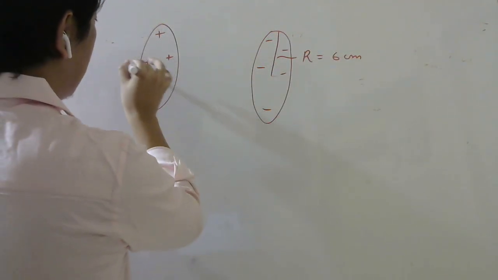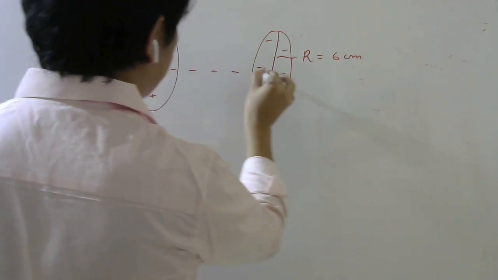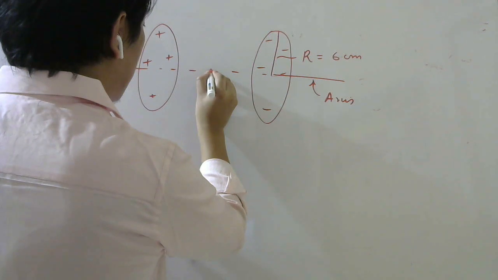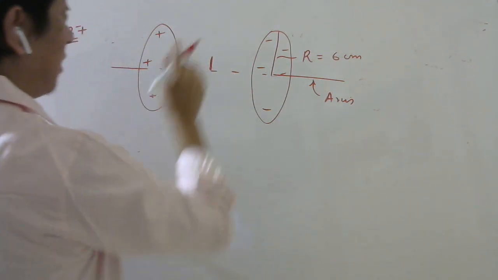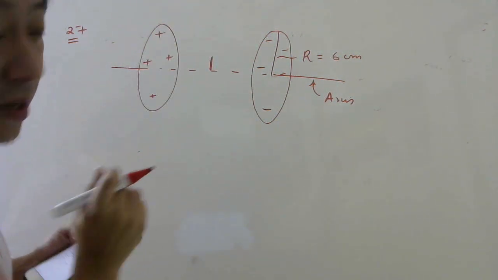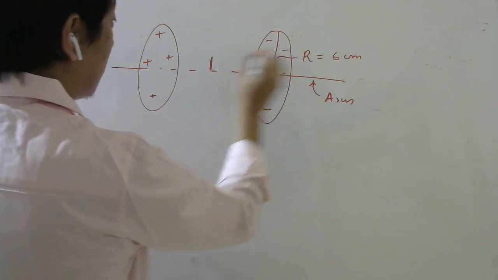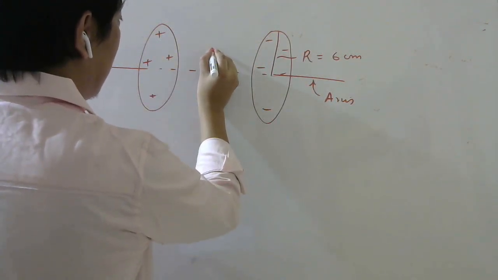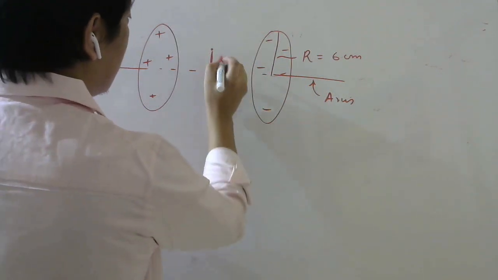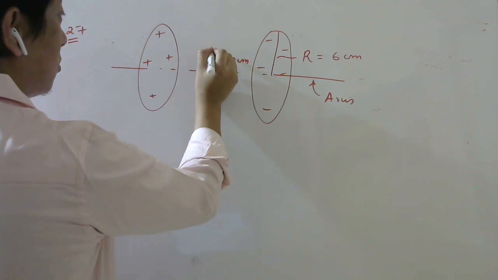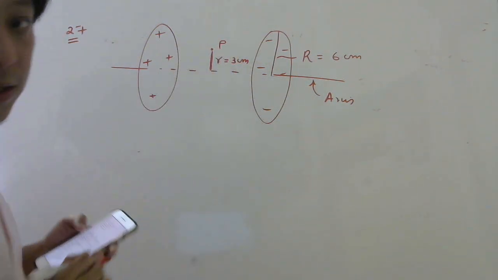Now this is the axis of the capacitor. At what distance they are asking? See, it will vary. If they ask outside, the answer will be different. If they ask inside, the answer will be different. So they want at 3 centimeters, clearly inside this space. So at this point P, they want magnetic field.